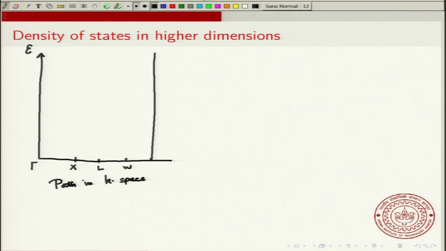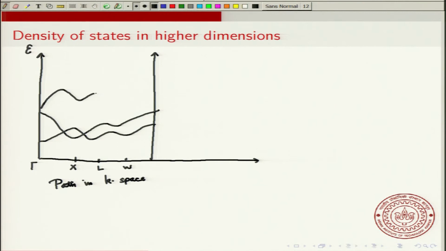But the nice thing about the density of states: the band structure in some sense depends on what path you take. You might get something like this, some complicated behavior, and this band structure really depends on what path that you take.